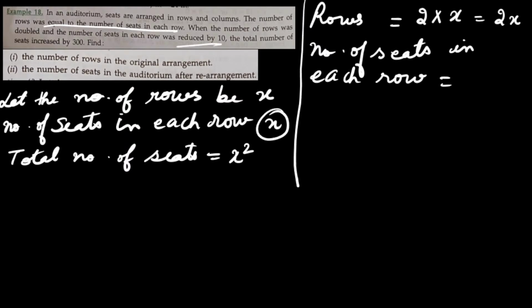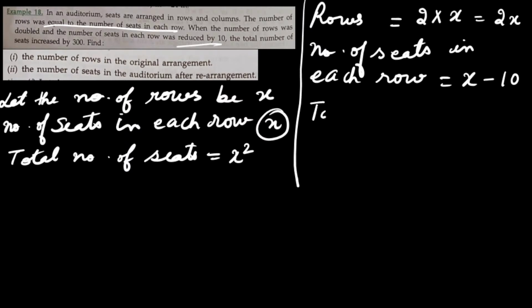Earlier we had x, now they are reduced by 10. Reduced is subtraction in maths. So now the number of seats in each row is x minus 10. So in this case, how many total seats are there?